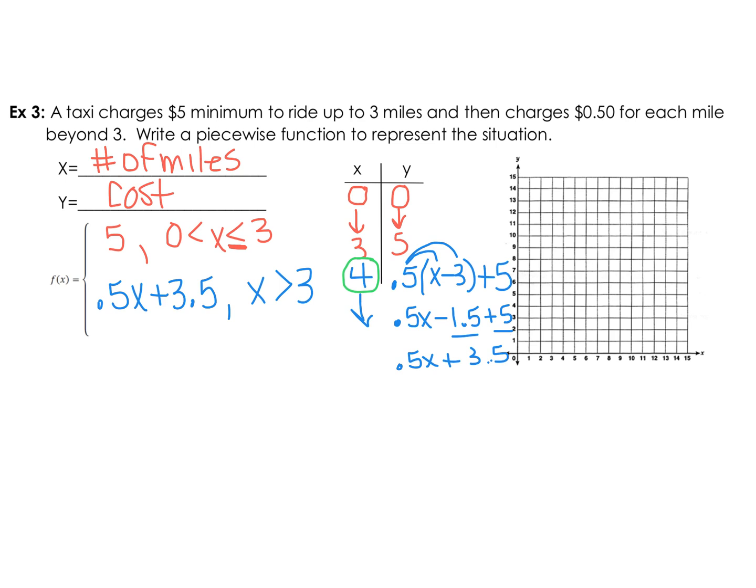Well, if I plug in 4 here, let's just see if it works. 0.5 times 4 plus 3.5. 0.5 times 4 is 2, and then 2 plus 3.5 does in fact equal 5.5. So you can always test that with your equation because you know what's supposed to happen, but getting that equation right here is sometimes hard to do.